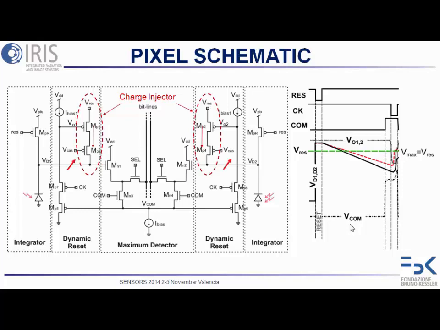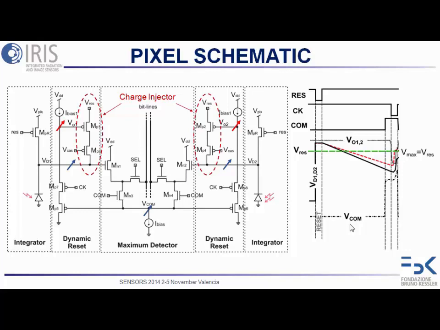also the two floating diffusions start charging, so they go up. But if these two go up, also VCOM goes up, and because of the feedback, also VO1 and VO2 go up the same way.